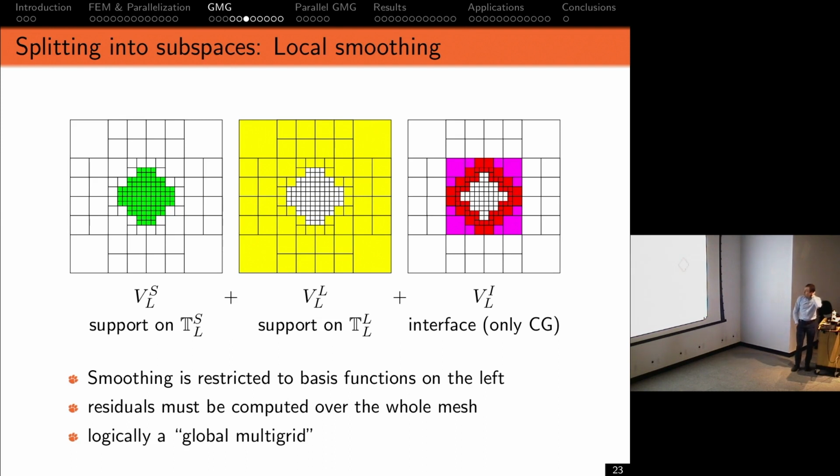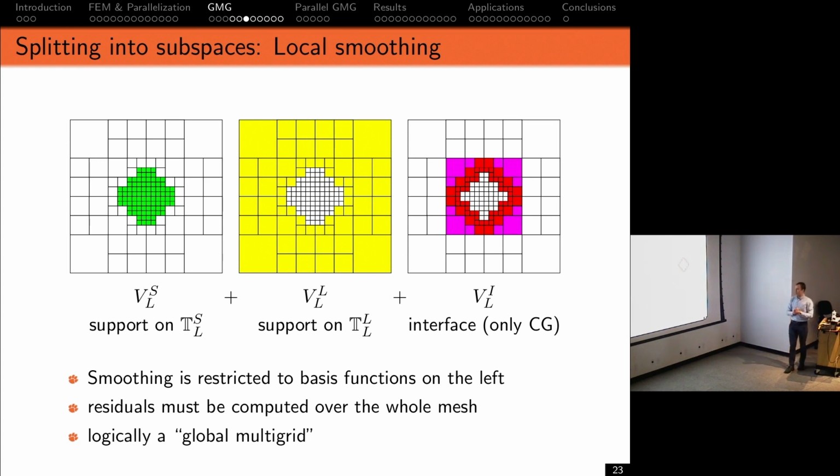But if I am on a certain mesh, one of these adaptively refined meshes, you realize that if I have a basis for this, I can decompose that space basically on all the cells that are newly introduced on that level, and then all the cells, the remainder, basically, right? It's a bit more complicated if I use continuous finite elements because I have to take care of the interface between the two different levels.